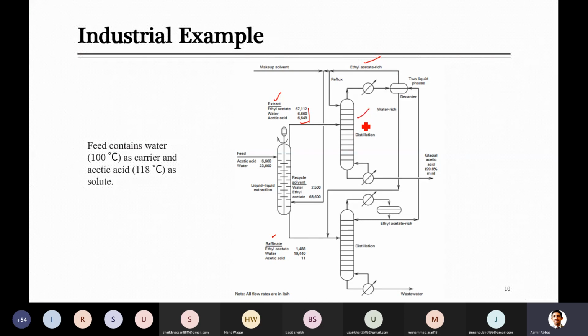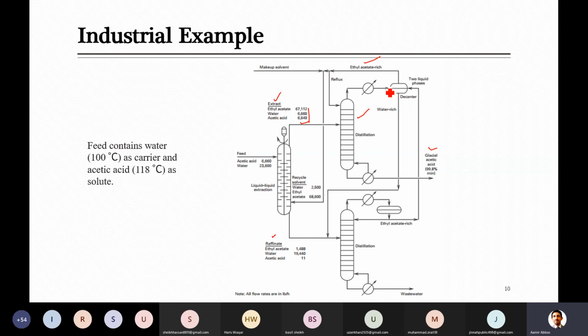From the bottom of this distillation column, glacial acetic acid is leaving, and from the top the vapors are condensed and you bring them to the decanter. Here the decanter is a gravity-based separation, just a simple vessel in which, when you give it time, the top of the column will be ethyl acetate majorly and water.